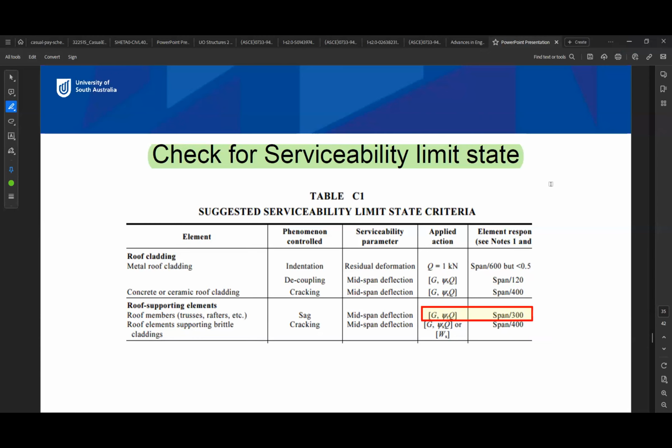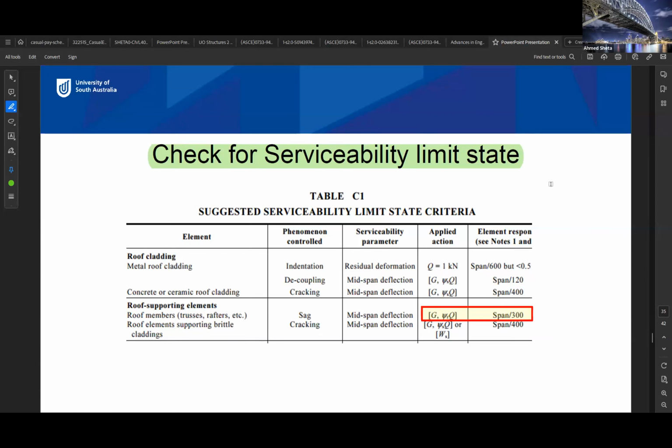That it can hold safe, like more safely at normal use or something like that. Yeah, because as you know, we have two types of criteria when designing. The strength, which makes the structure safe, or it will collapse or be unsafe. The other is serviceability, which is the deflection and deformation check.